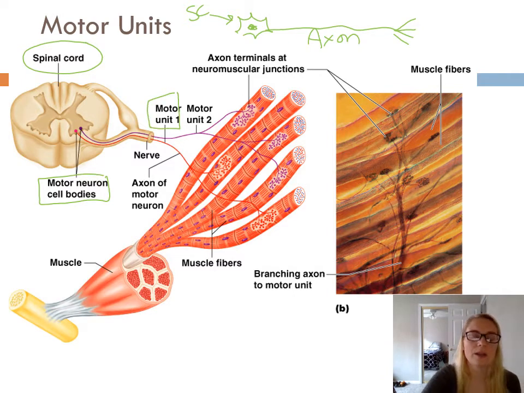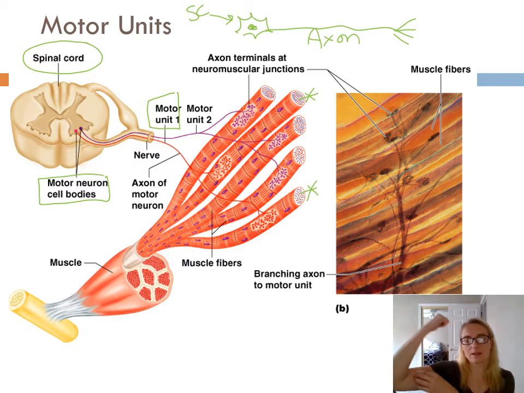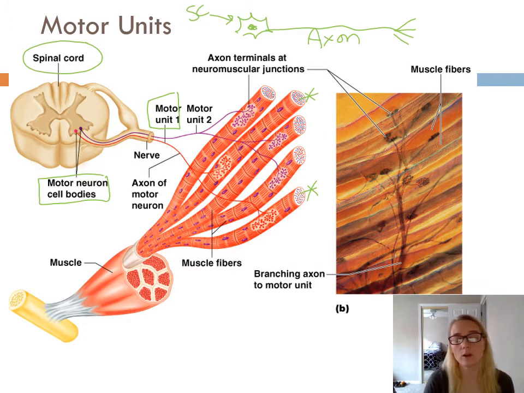That signal is going to come out and communicate to these muscle fibers, so those 2 muscle fibers are controlled by the red neuron. If I'm just going to contract my arm like this, I might just have to fire that one red motor neuron. And this is what's called a motor unit. A motor unit is the motor neuron and all the muscle fibers that it communicates to.